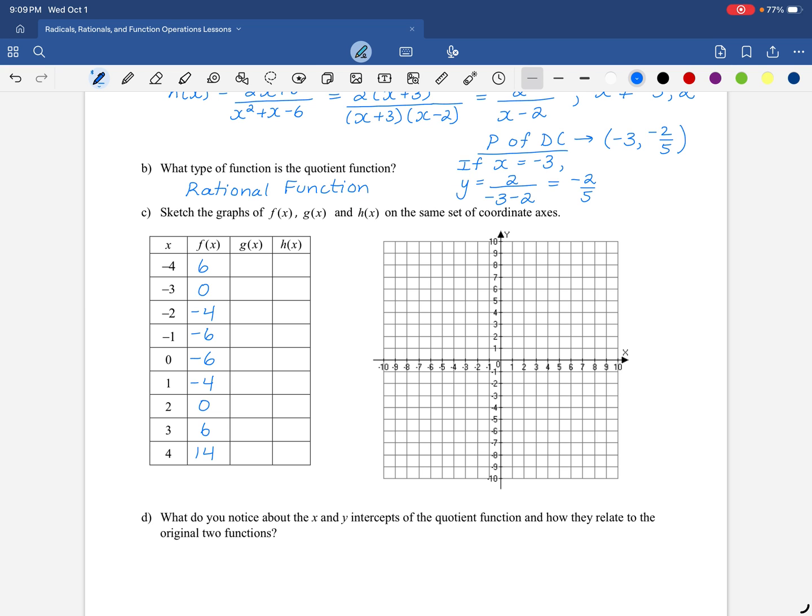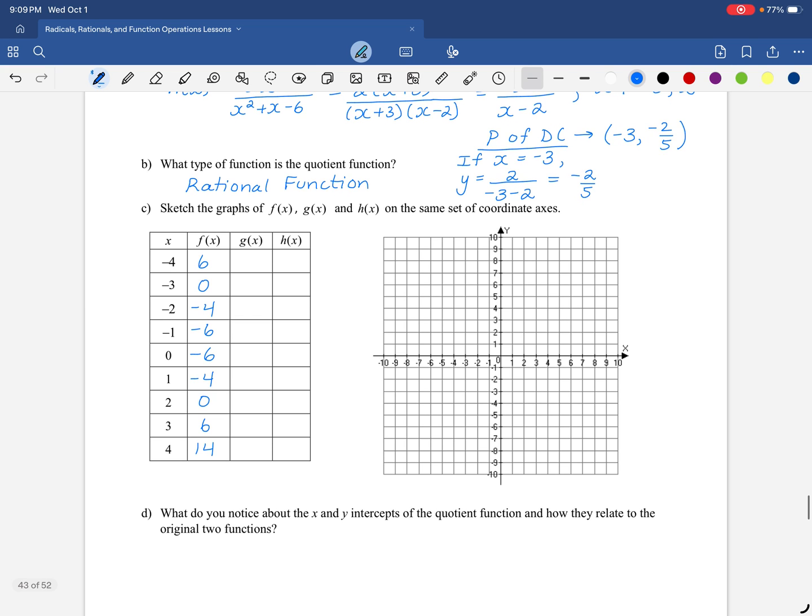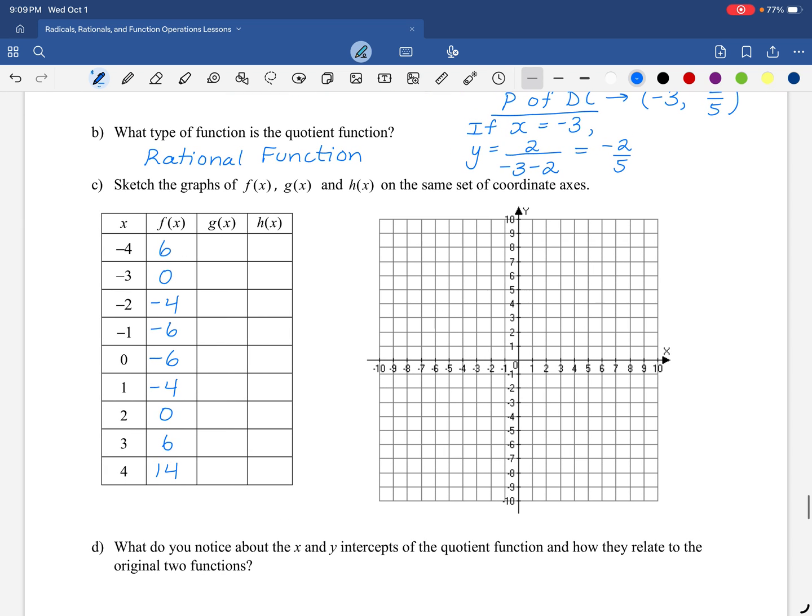I'm now going to graph function f onto this graph paper. Okay, so here we go. So -4, +6 is going to sit here. -3, 0, -2, -4, -1, -6, 0, -6. So the vertex is going to be just a little bit below there. And then we have 1, -4, because here comes our symmetry.